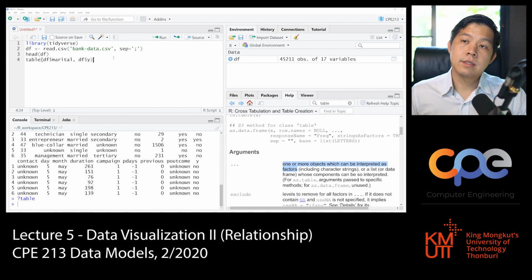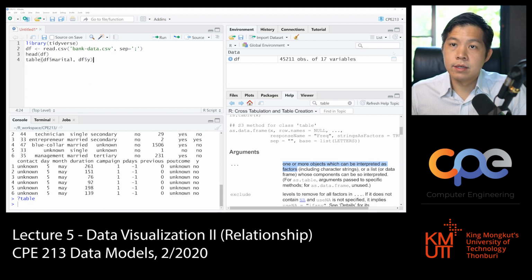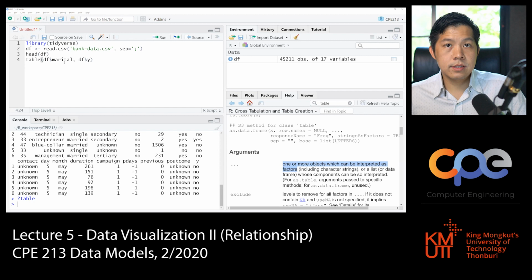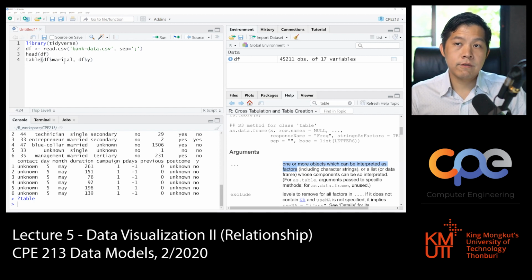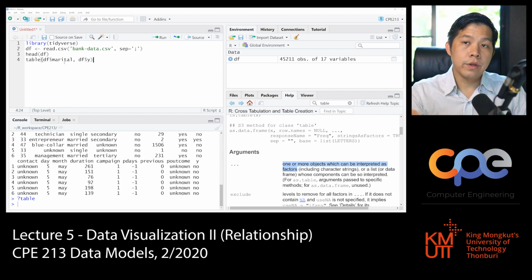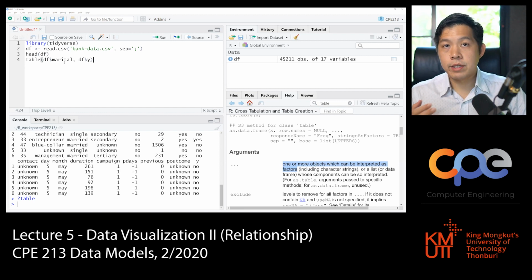And when I run this, suppose that I might want to know whether marital status is associated with the chance of a customer accepting the offer or not. Then viewing the cross tabulation would allow me to determine association between the variables.